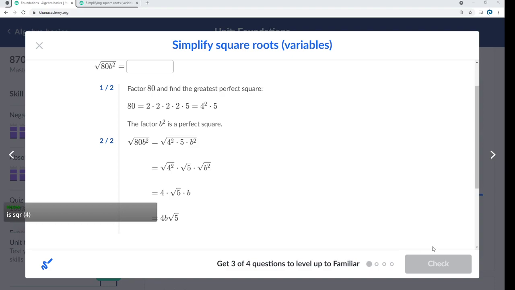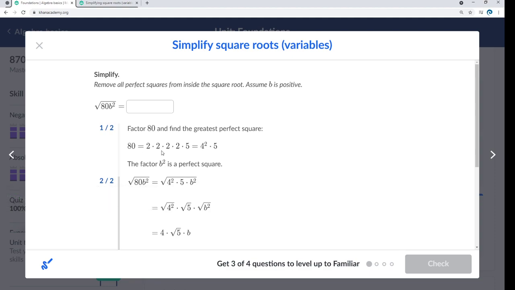2 times 2 times 2 is the square root of 4. But I don't understand how that becomes 4 to the power of 2. Oh, I guess all of them need to be squared, right?